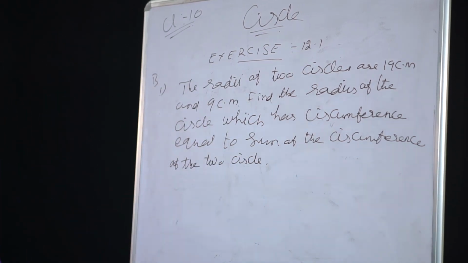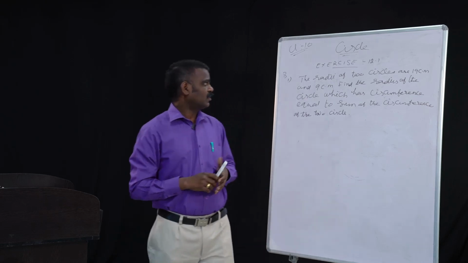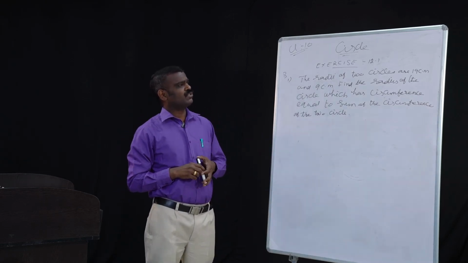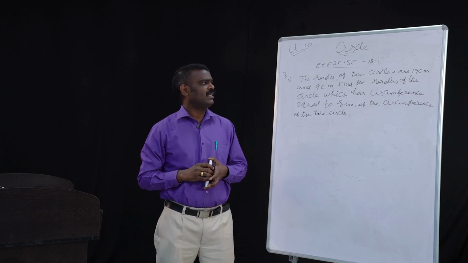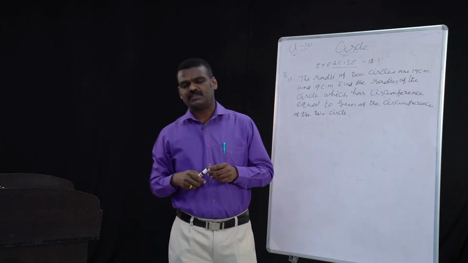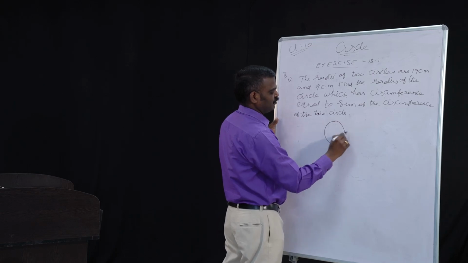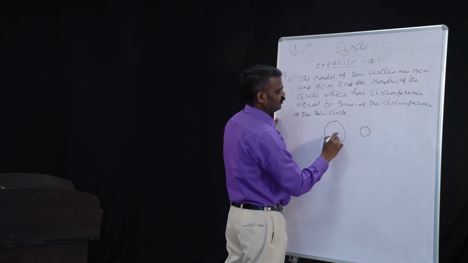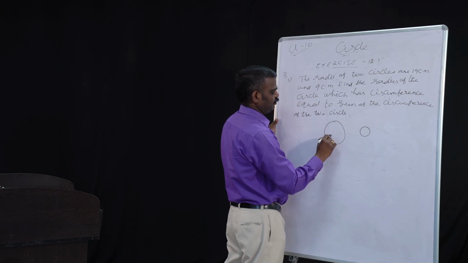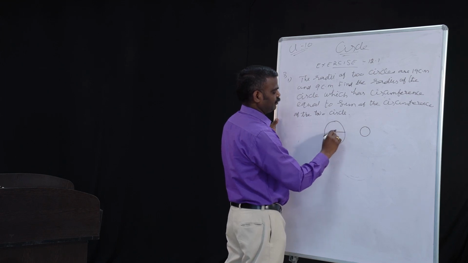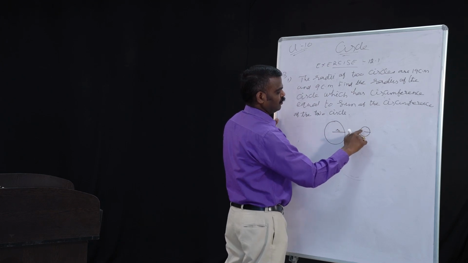So these are the questions. What is the question? The radii of two circles are 19 centimeter and 9 centimeter. There are two circles, one circle and another circle, R1, R2.